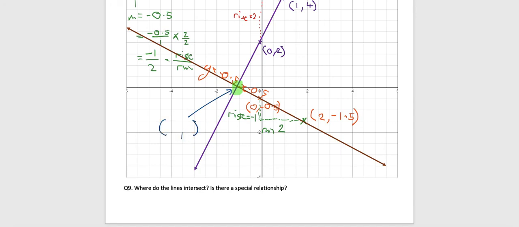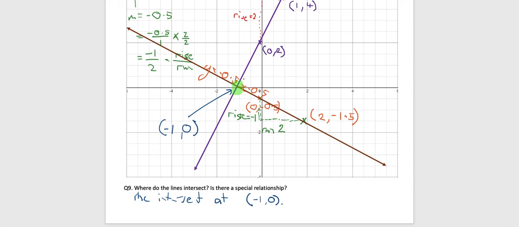Looking on the x-axis, they intersect at negative 1, and they intersect at y equals 0. So the lines intersect at negative 1, 0.